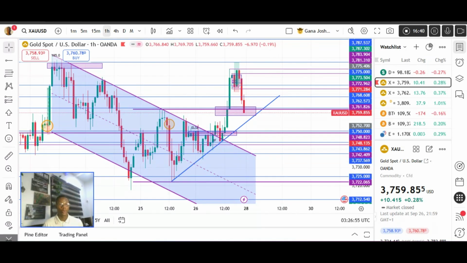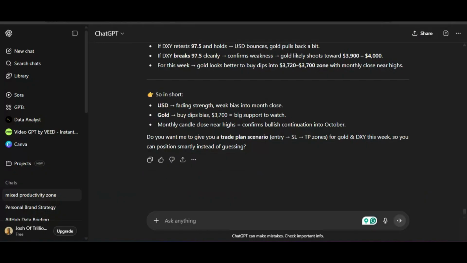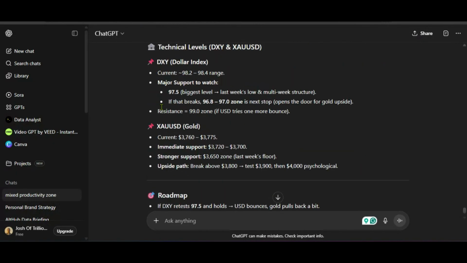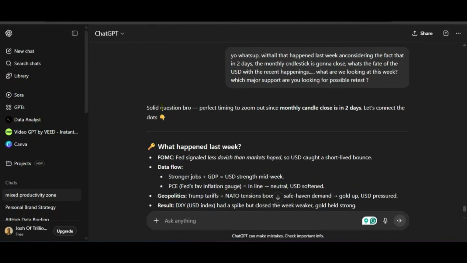So one of the things I'll do is check my ChatGPT. I have conversations a lot with it, because it helps me break down the fundamentals around what's going on with gold and all of that, and that's how I'm able to add to my buys. And yeah, I think you should use it.